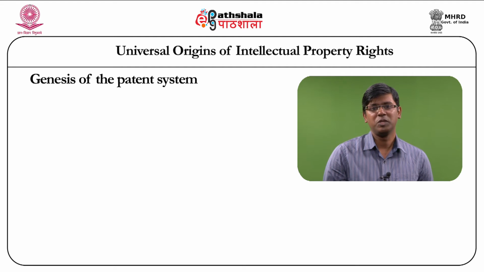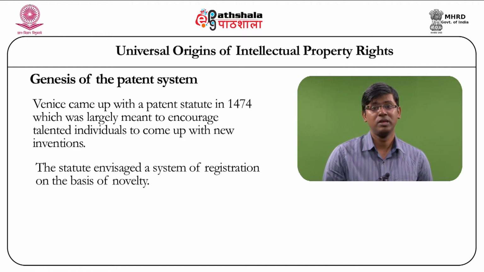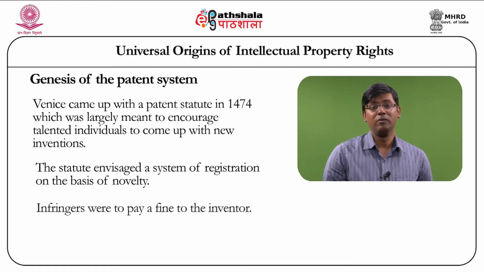Right? Subsequently, Venice came up with a patent statute in 1474, which was largely meant to encourage talented individuals to come up with new inventions. The statute envisaged a system of registration on the basis of novelty. Infringers were made to pay a fine to the inventor.